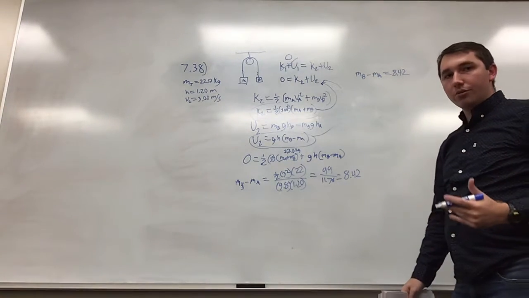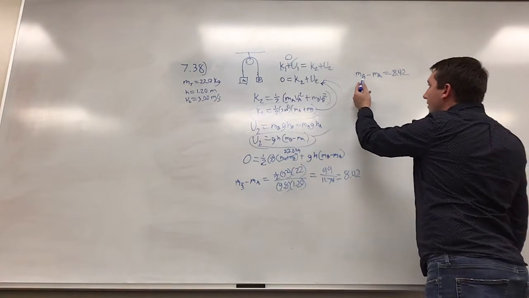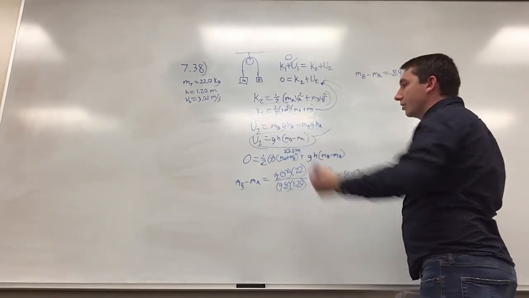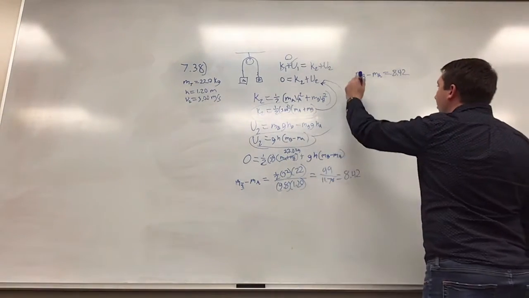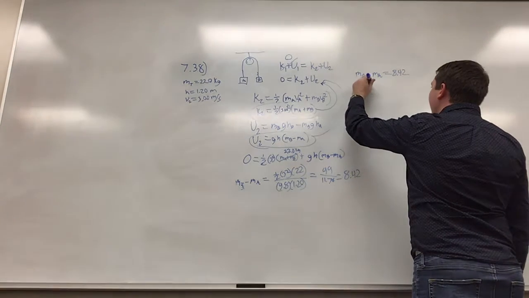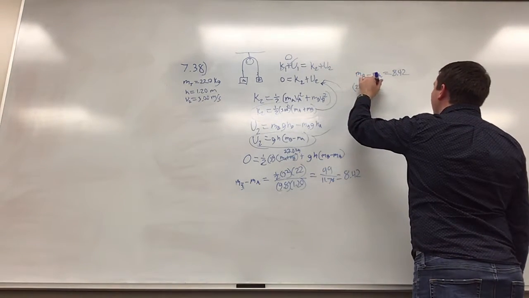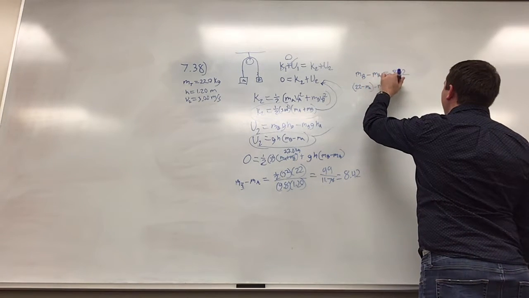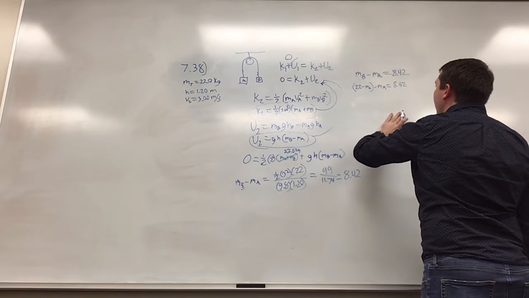Well, we know that mass B is going to be equal to 22 kilograms minus mass A, so we can rewrite that as 22 minus mass A for B, minus mass A equal to 8.42.